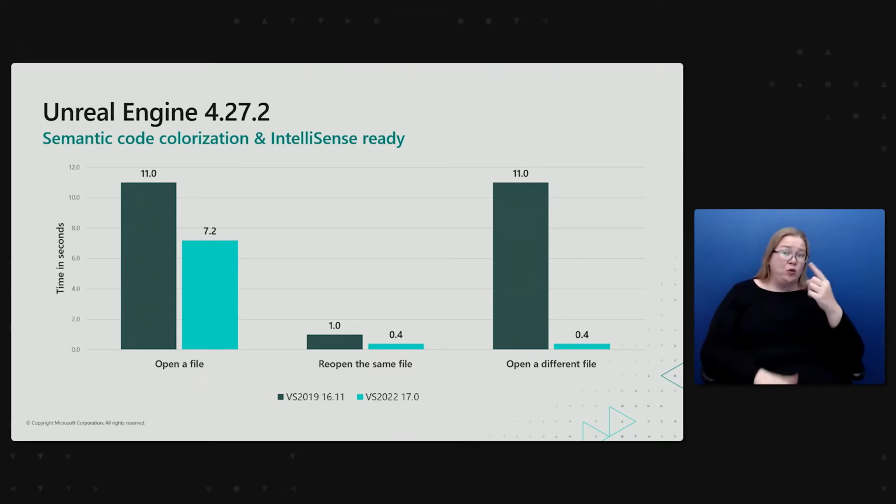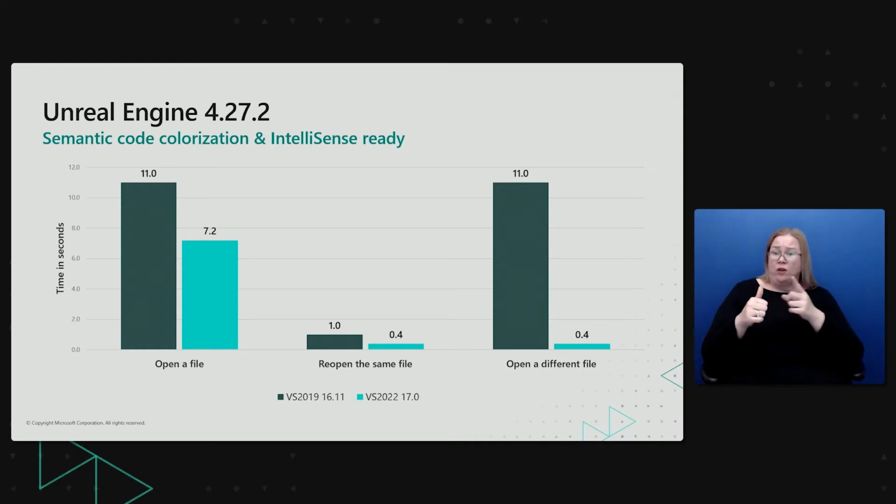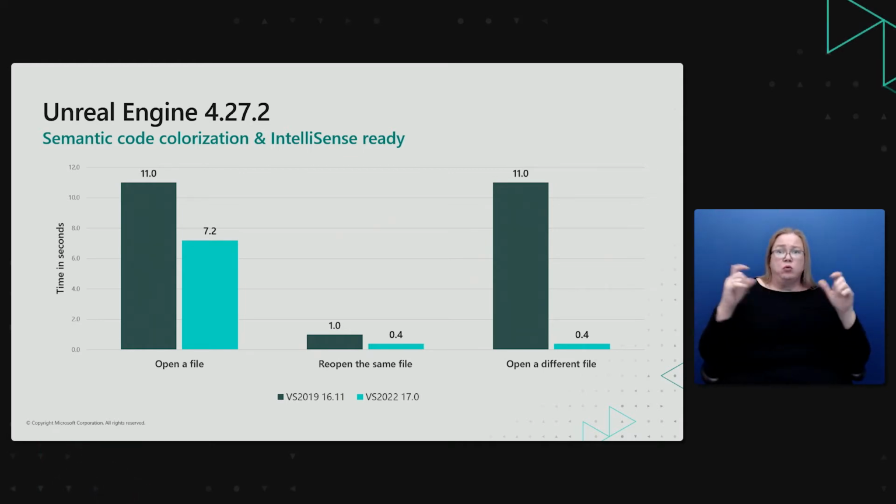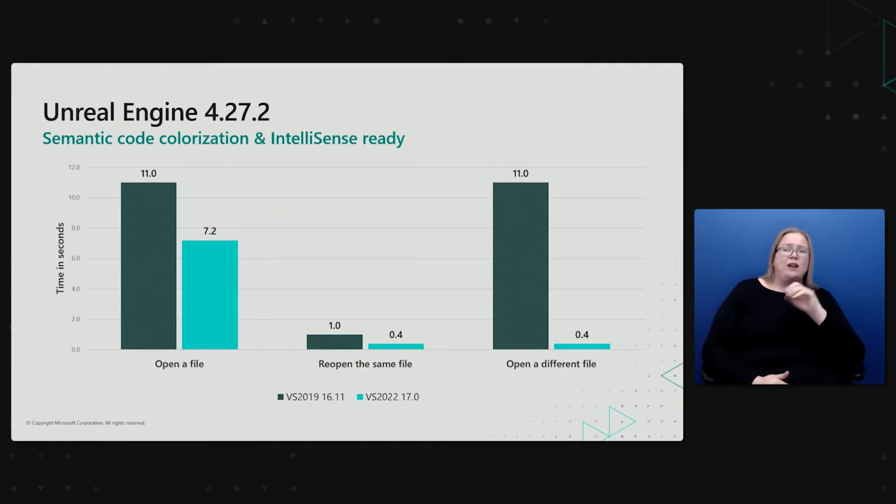In the newest version of Visual Studio, opening both the first file and any subsequent files is now drastically faster for colorization and IntelliSense ready. In addition, non-Unreal Engine C++ IntelliSense ready times were improved by a factor of 1.5x. This change will benefit those of you who use C++ IntelliSense.